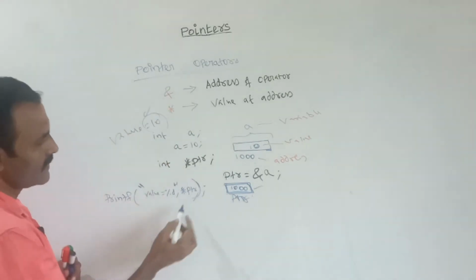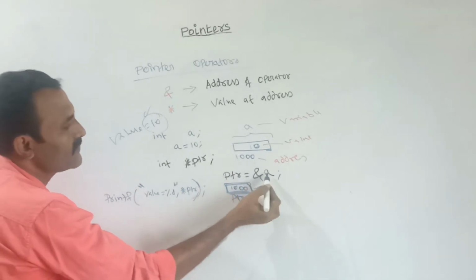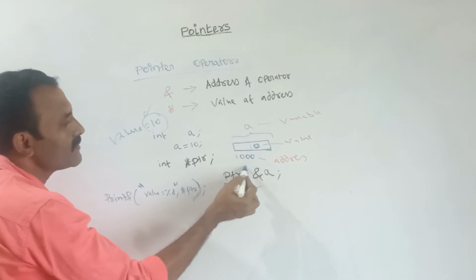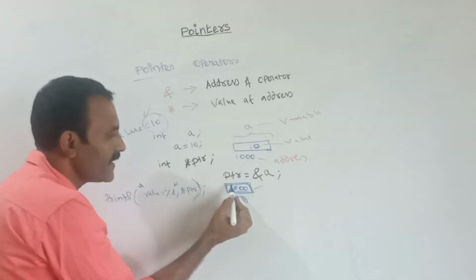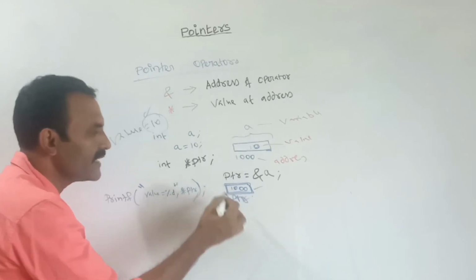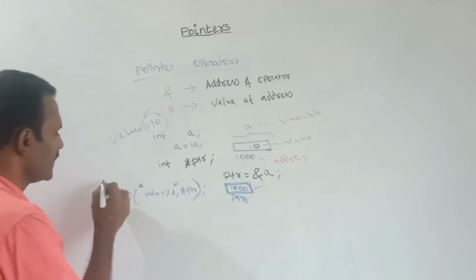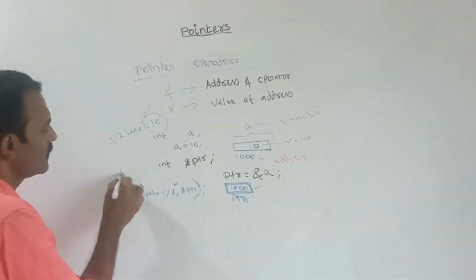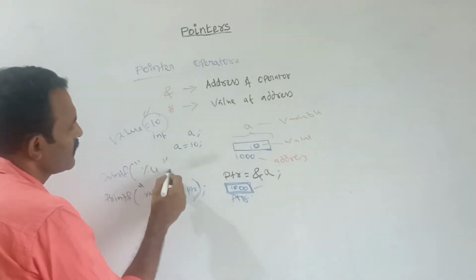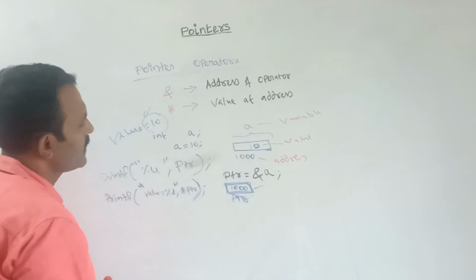This is the answer. Next, the address value. Here ptr is equal to address of a, so I am storing the address of a in ptr. 1000 is stored inside this ptr. Suppose I want to print that address, I can use printf with ptr.